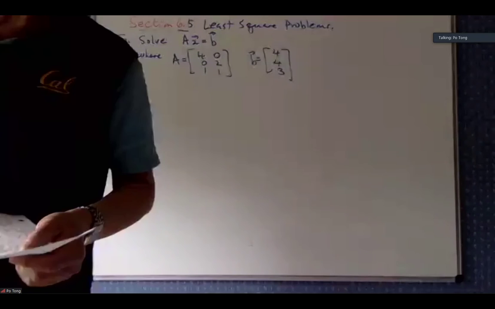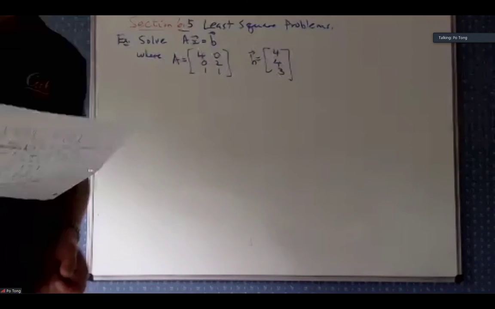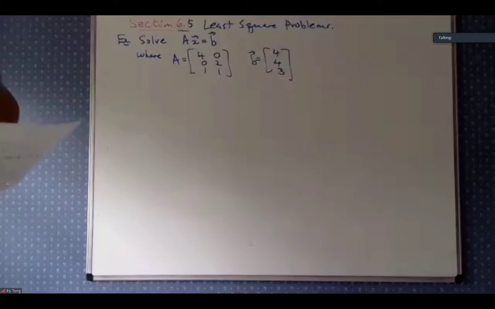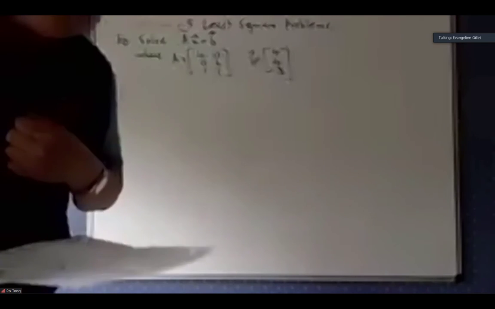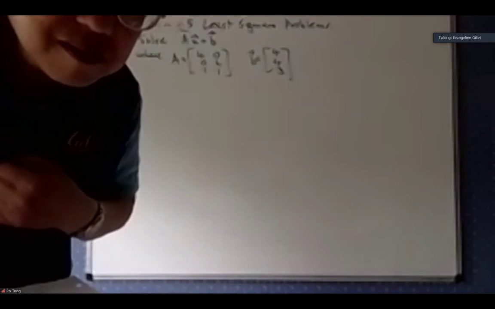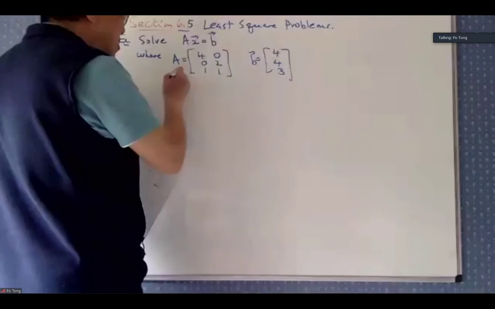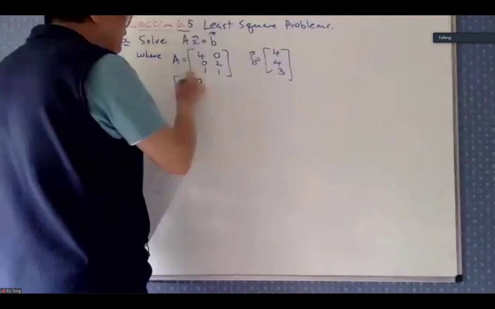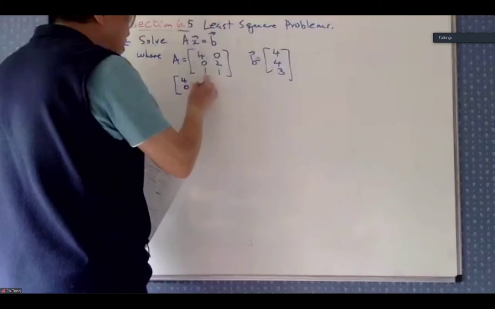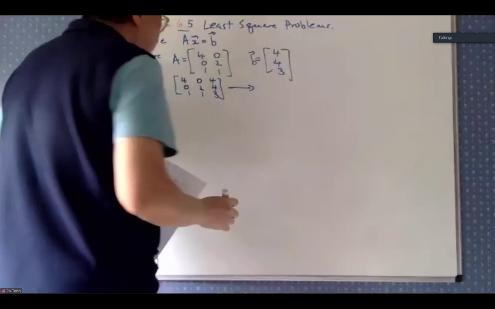How do I solve something like this? You guys remember how to solve something like this? Put it in the matrix and do RREF. Yes, very good. So you just put this together and do RREF.